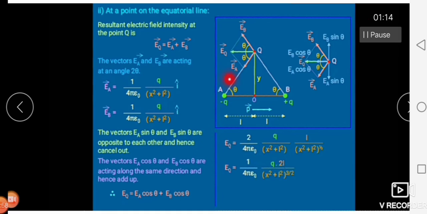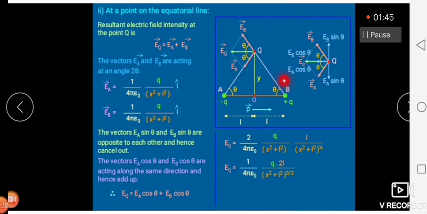Now use the parallelogram law of vector addition. If these two vectors EA and EB are adjacent sides of a parallelogram, then the resultant is along the diagonal of the parallelogram. So construct a parallelogram and find the total value. The resultant value EQ has two components, sine and cosine.